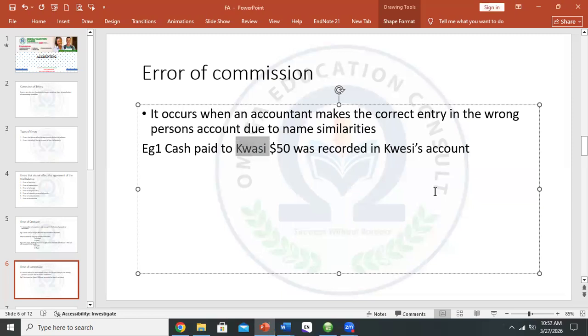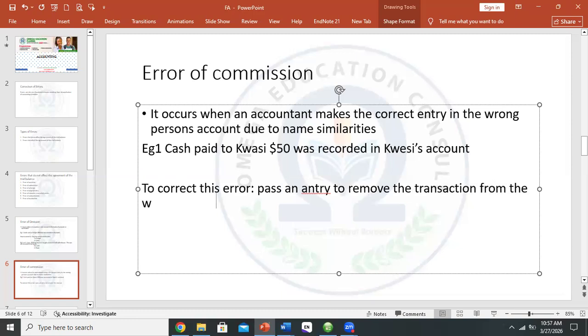So to correct this error, you have to pass an entry to remove the transaction from the wrong person's account, and put it in the right person's account.